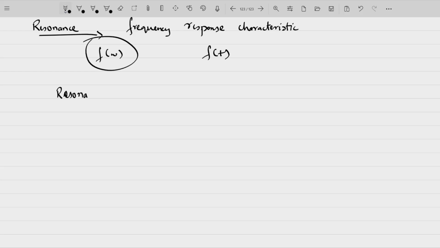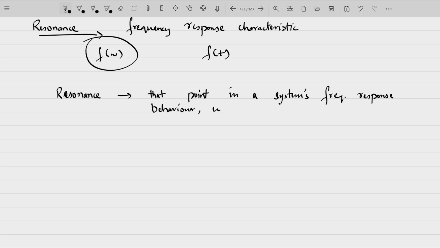So there are a number of definitions with which you can define resonance. One definition of resonance is that it represents that point in the frequency response plot where impedance is purely resistive in nature.